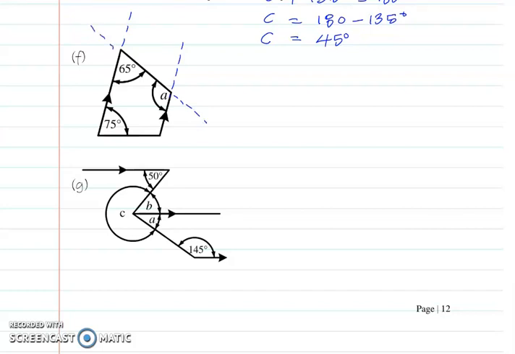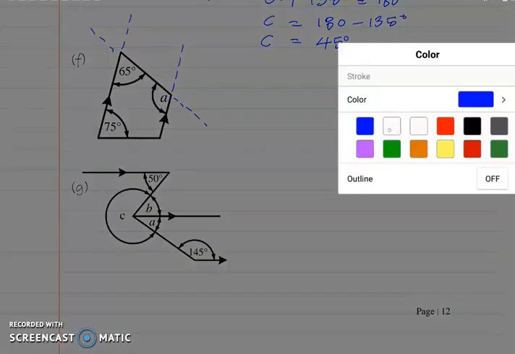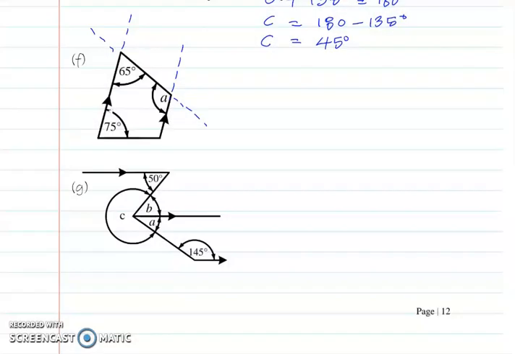So now you can notice that A and the 65 are between the parallel lines. Do you see that? A and 65 are between the parallel lines. Now, mentally, you could block out this other information.